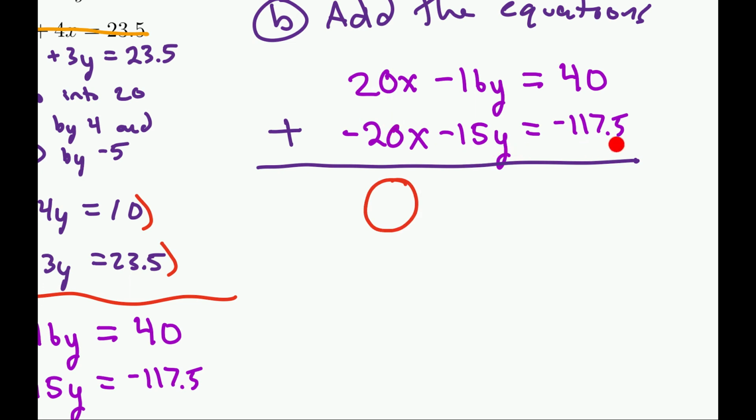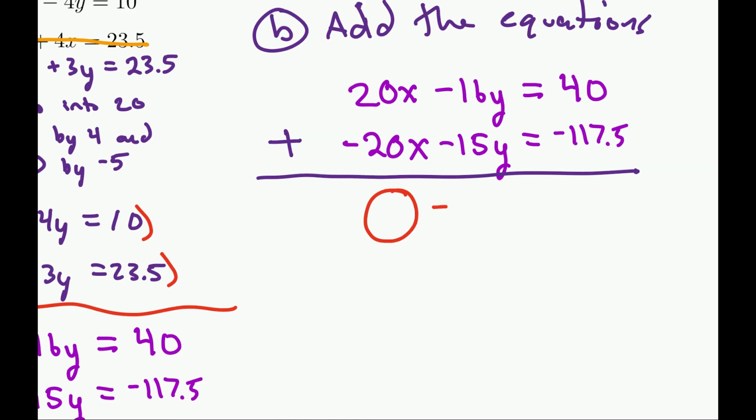Now the rest of this we just have to work out. -16y plus -15y is -31y. And on the other side of the equal sign, we've got 40 plus -117.5.